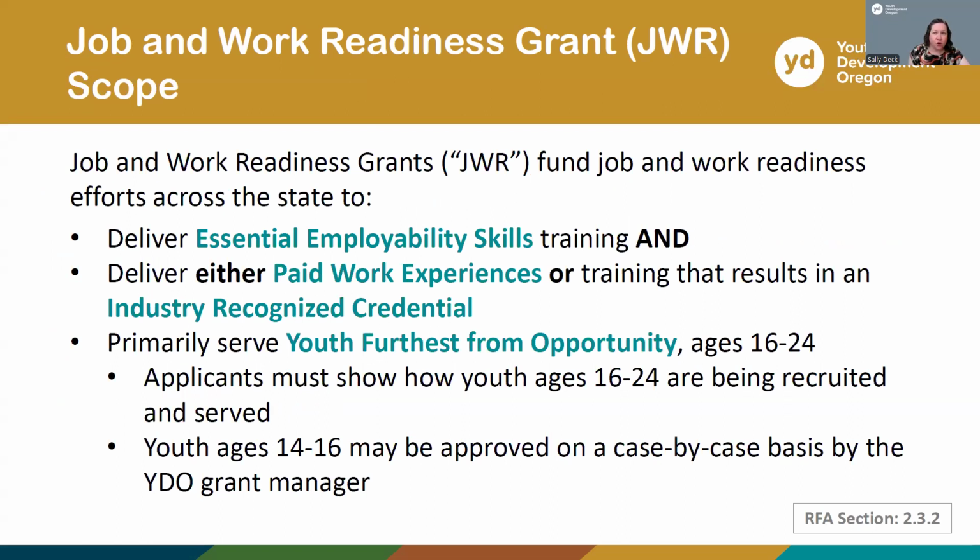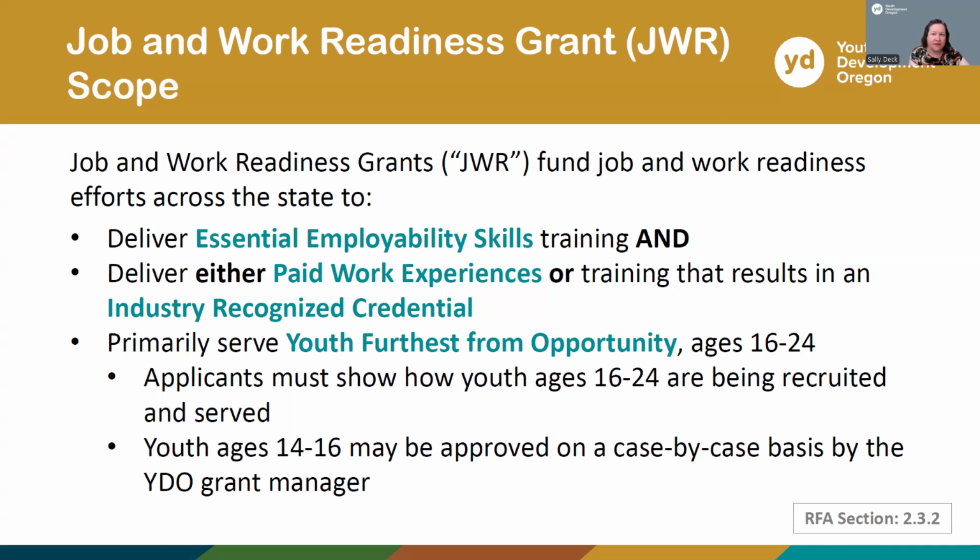So overall, the scope of this grant means that grantees need to offer two things. The first is training of the essential employability skills. And the second is either paid work experiences or training that results in an industry recognized credential. And the definitions for these terms are going to be on the next slides. Another key term that's defined is youth furthest from opportunity. So for this grant, the primary age range is 16 to 24 years old.